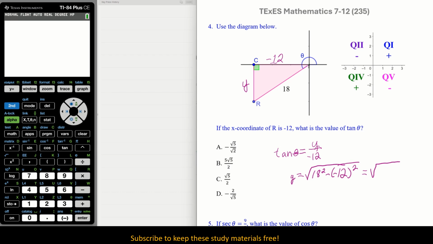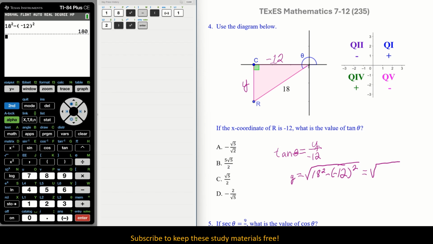I don't want to put it all under the square root because, as I just stated, getting the decimal will be mildly helpful, but not too helpful. But this value underneath will be very helpful. So 18 squared minus, well, I'll go ahead and put in the negative 12. We know that a negative times a negative is a positive, so that would be 144. Doesn't matter. That gives us 180.